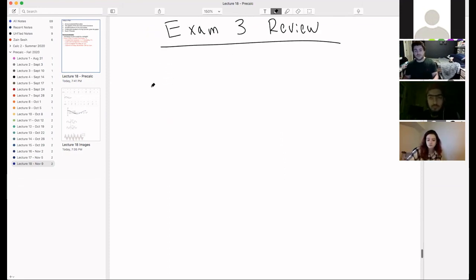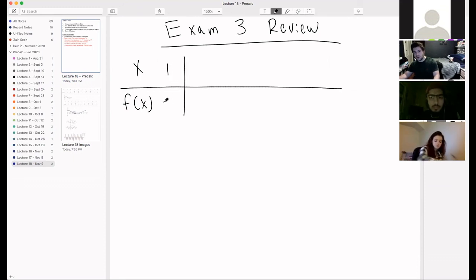Okay, so the first thing will be an inverse function table. So I'm going to give you a function table, something we're very familiar with now. So let's just say 1, 2, what else? 2, 2, and how about 3, 7?